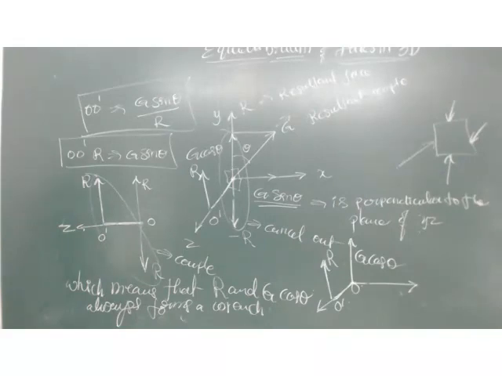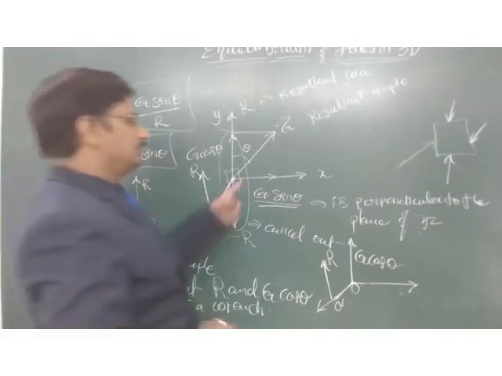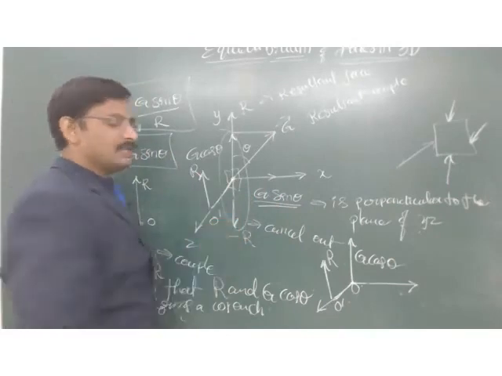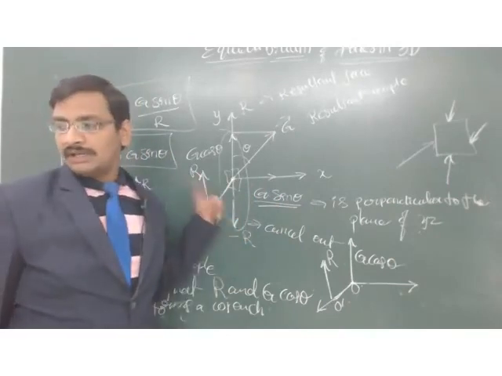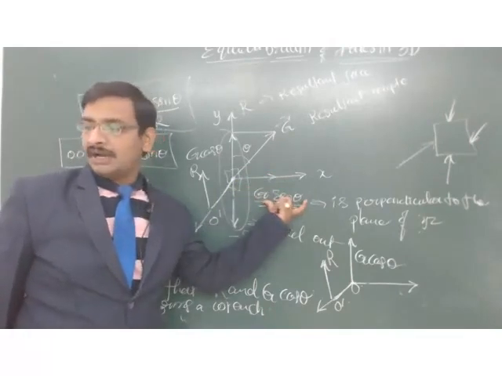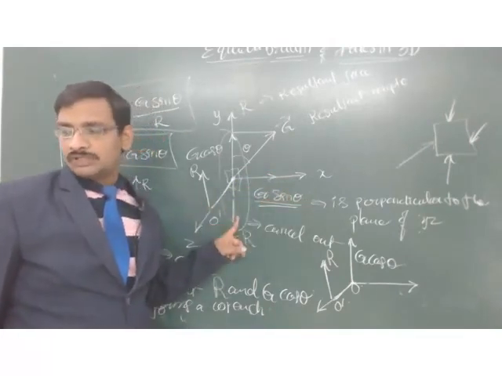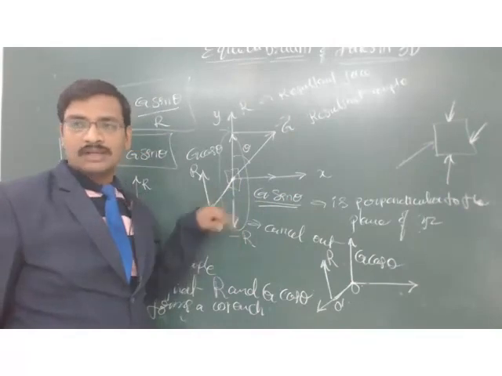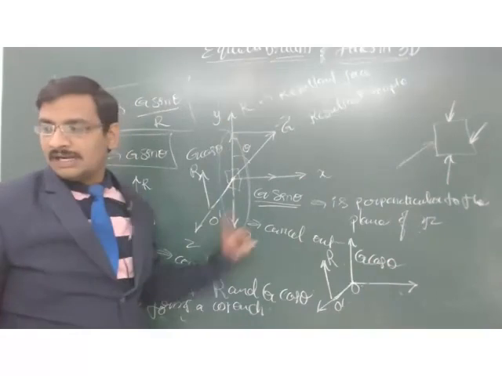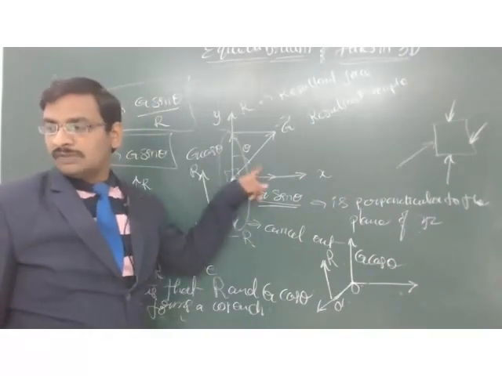What happens to the G sin theta? See this. This G sin theta is replaced with two different forces, this R and this minus R. So we have removed this G sin theta and placed these two forces. These two forces result in cancellation of the opposite forces, leaving only one force along with the G cos theta.